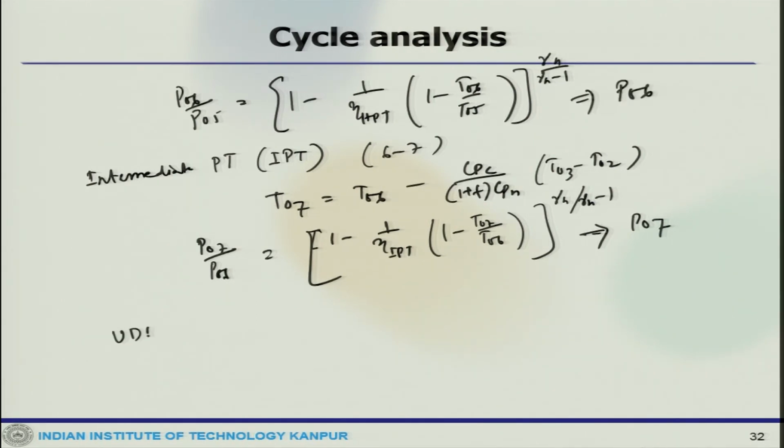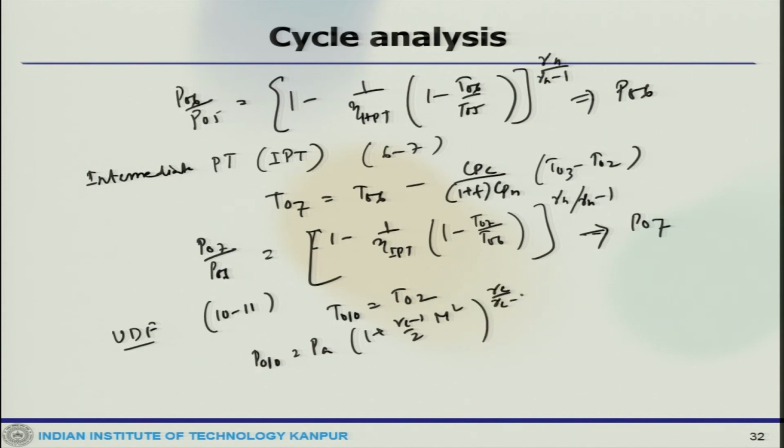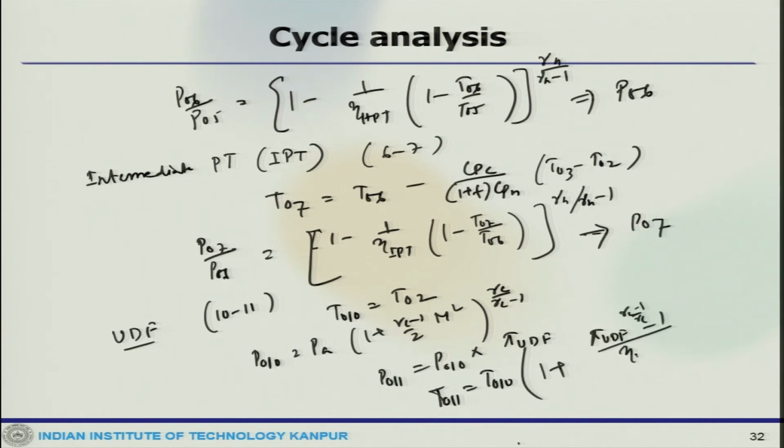Then the UDF, or unducted fan. So here T010 is T02. P010 would be PA times 1 plus gamma C minus 1 by 2 M squared, and P011 is P010 into pi UDF. T011 is T010 times 1 plus pi UDF to the power gamma C minus 1, divided by eta UDF.